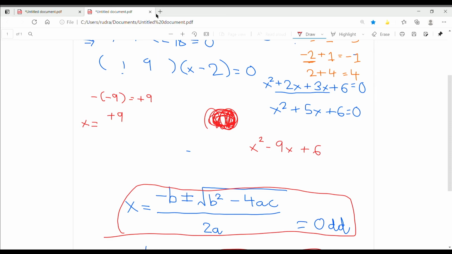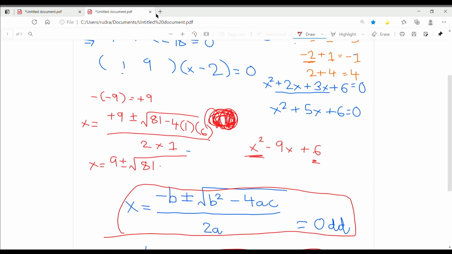Now this is positive 9 plus or minus the square root of the square of negative 9, which is 81, minus 4 times a, which is in this case 1, times 6, which is c, over 2 times a, which is 1. So that basically means x equals 9 plus or minus root 81 minus 24 over 2.